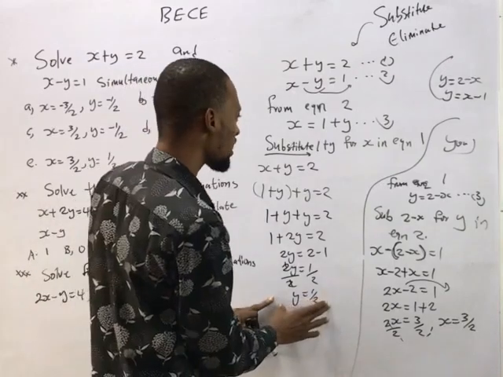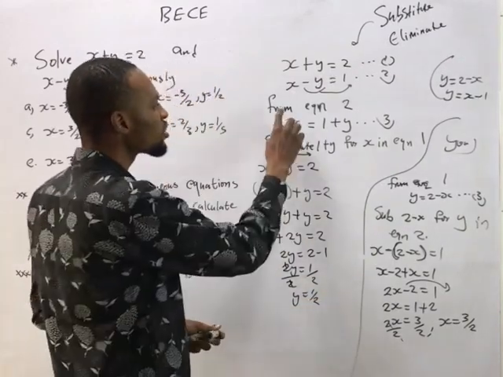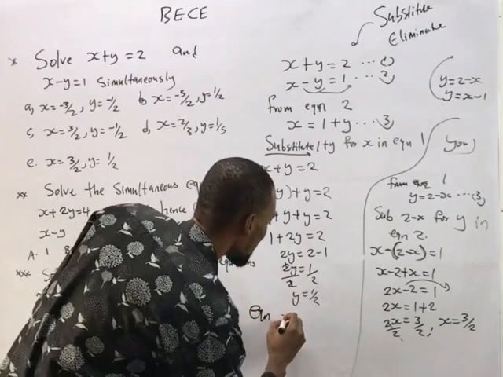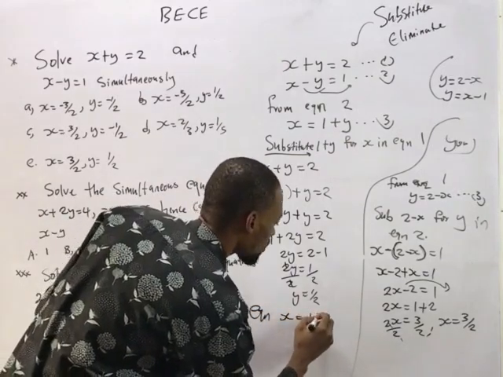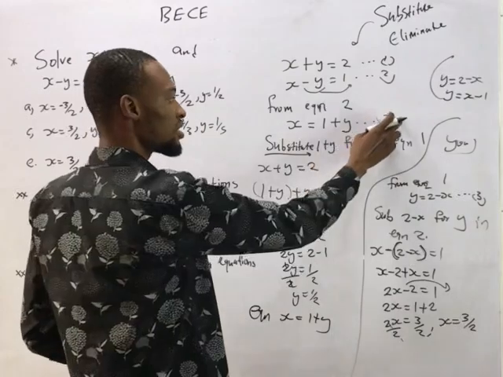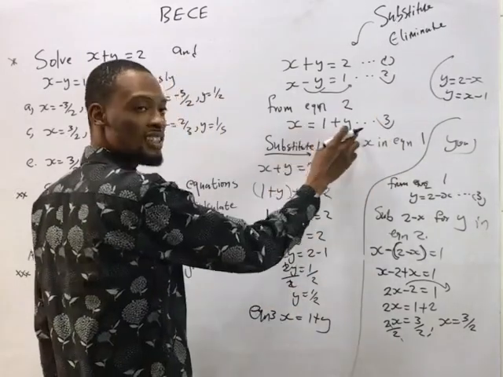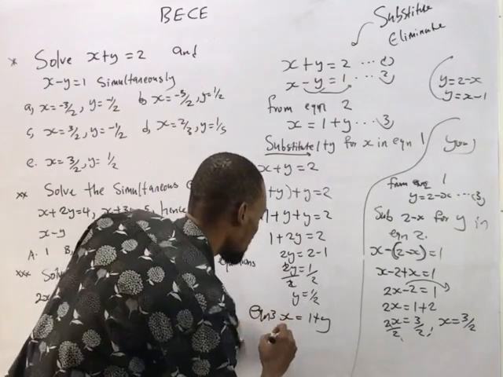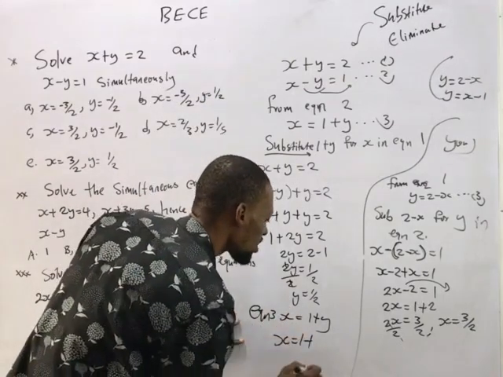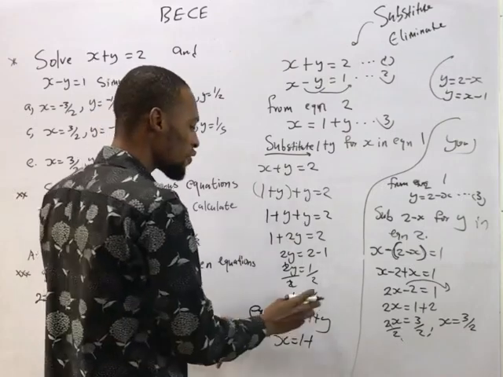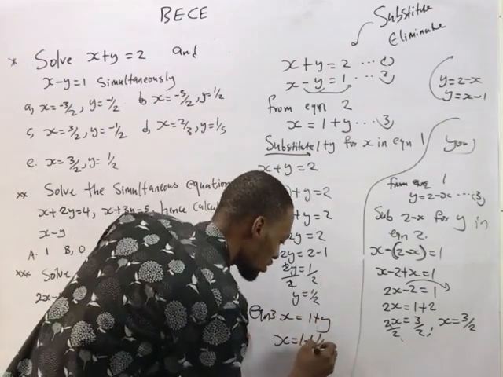Now that we have y, remember, from equation 2, they told us that s is equals 1 plus y from equation 3. Remember? From equation 3. In that case, s is equals 1 plus, but now y is 1 over 2. We've gotten the value. So instead of y, we put 1 over 2.